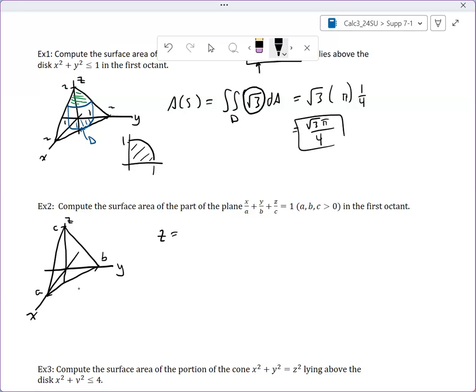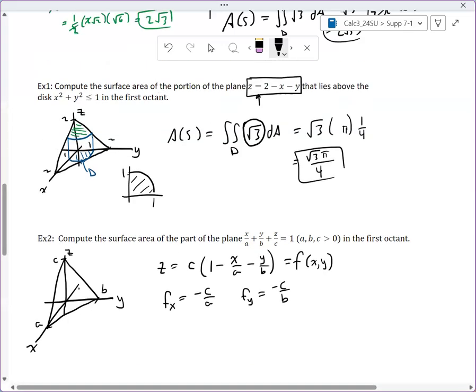I also see that z equals c times 1 minus x over a minus y over b. This is f of x and y. Partial f with respect to x is negative c over a, and with respect to y is negative c over b.